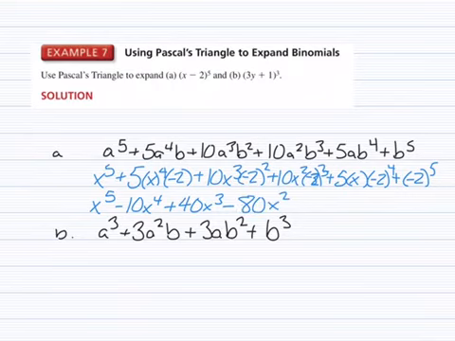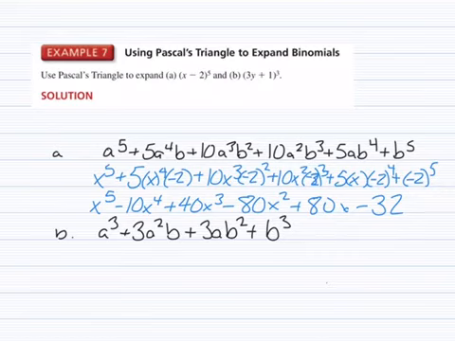And then -2 to the 4th power is 16, times 5 is plus 80x, and then -2 to the 5th power is -32. So there's that answer, and that's all the farther you can simplify it.